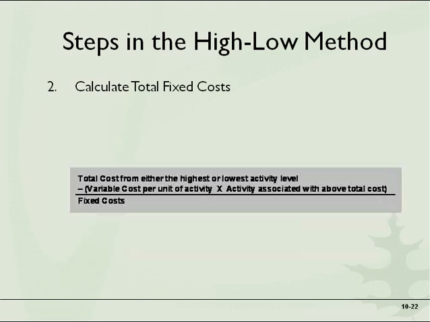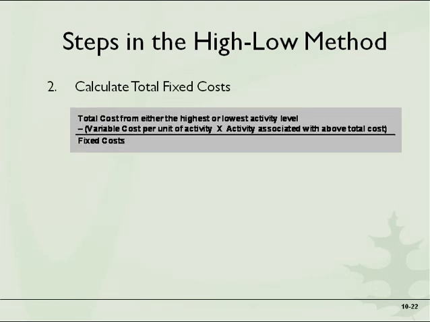Okay, then we calculate total fixed cost by taking the total cost from either the highest or the lowest activity level and subtract the variable cost per unit of activity that we already calculated times the activity associated with the above cost, and that gives us the fixed costs.